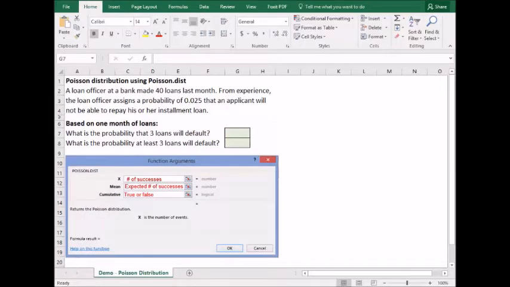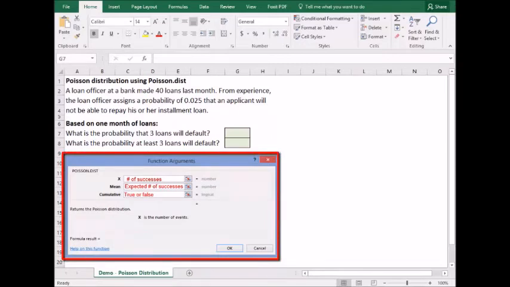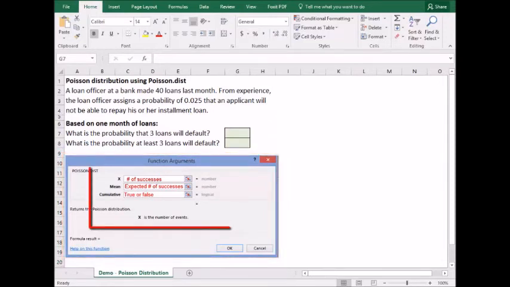We are seeking to answer two questions: the probability that 3 loans will default, and the probability that 3 or more loans will default. This is the dialog box for the POISSON.DIST formula in Excel. Note that we only need 3 pieces of information. First is x. What is it we are seeking the probability of?